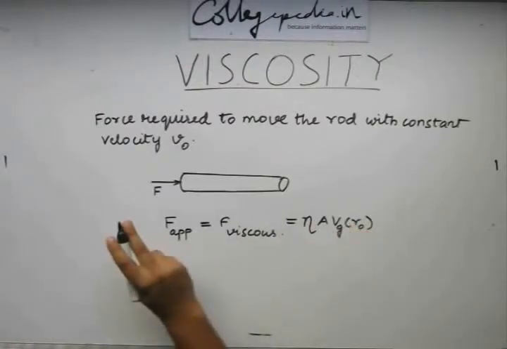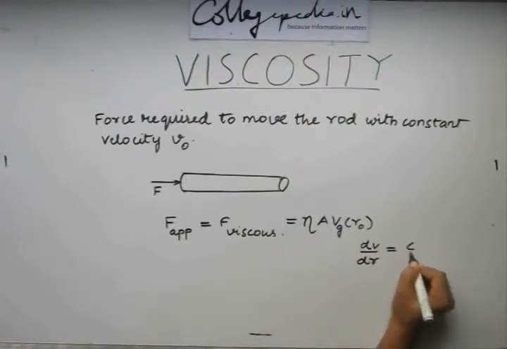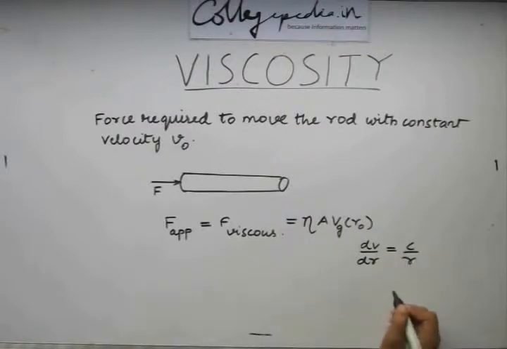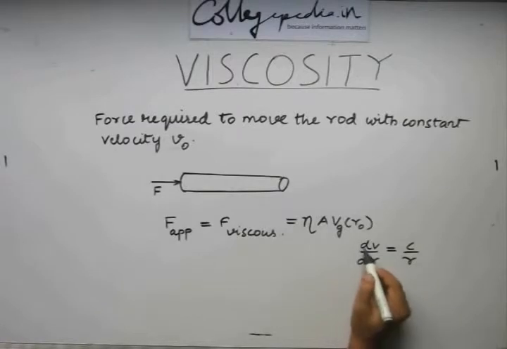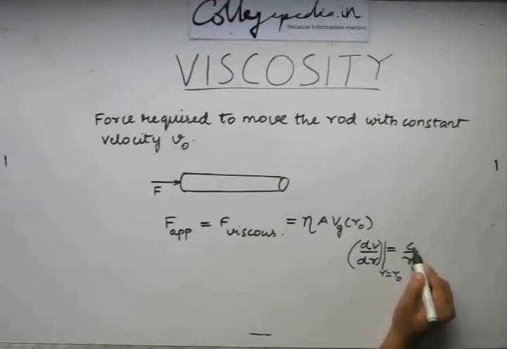The velocity gradient, as we found out earlier, we got this as dv by dr being equal to c by r. So the velocity gradient at r equal to r0 will be simply c by r0. Now we will replace the value of c that we got.